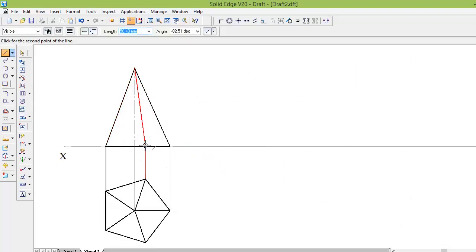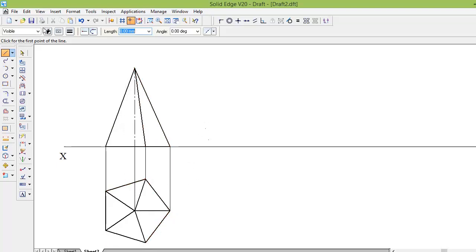Connect to this one. Okay, so this point is not visible, only 4 points are visible in the pentagon except these two. All three edges, all three corners are visible here.